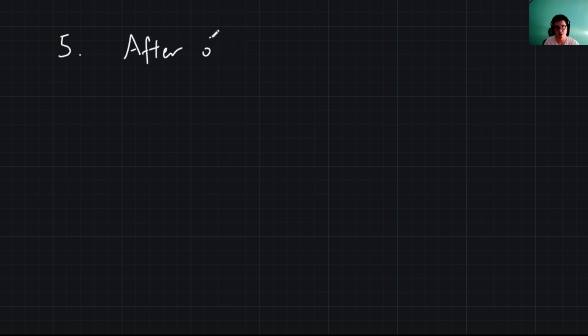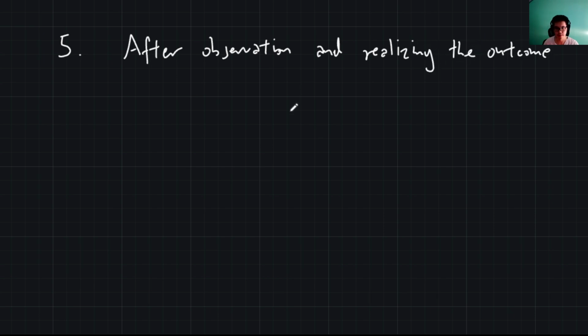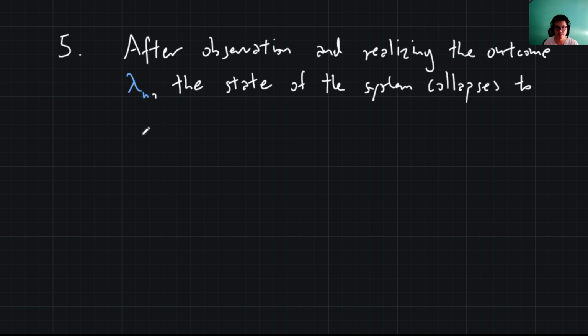After observation and realizing the outcome lambda n, the state of the system collapses to the normalized eigenvector.